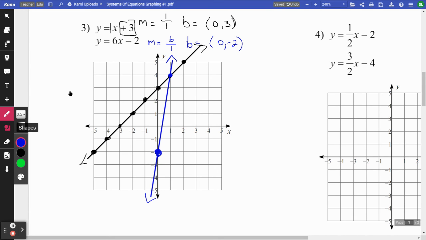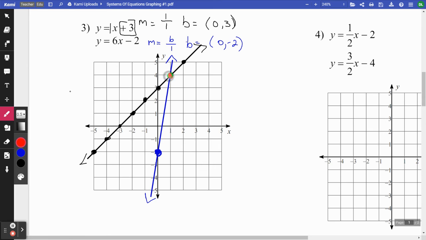And now all that I'm looking for is where do they intersect? They intersect right here. Right, they intersect right there at, and again, remember you're doing an ordered pair, right? You're doing an ordered pair right there.